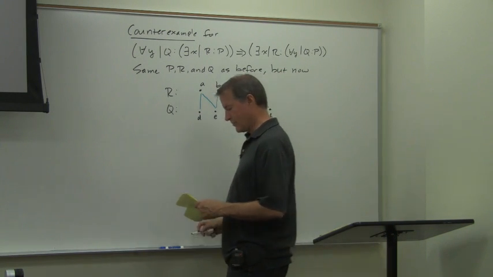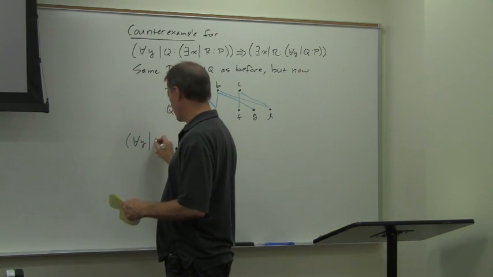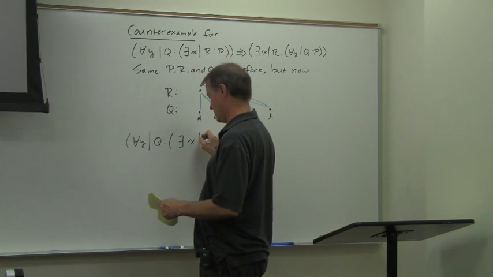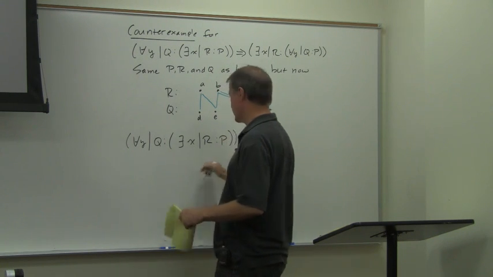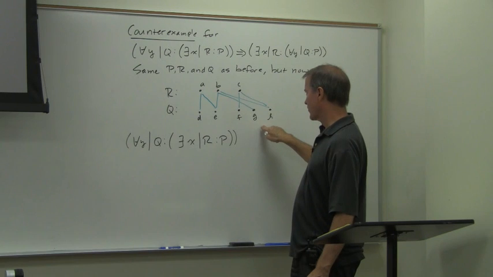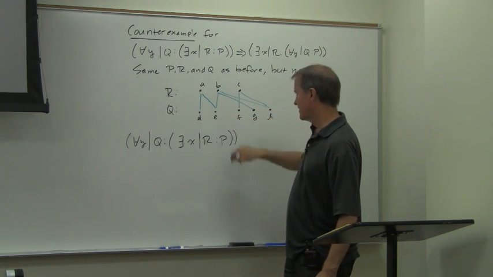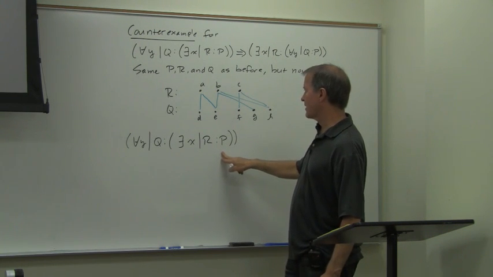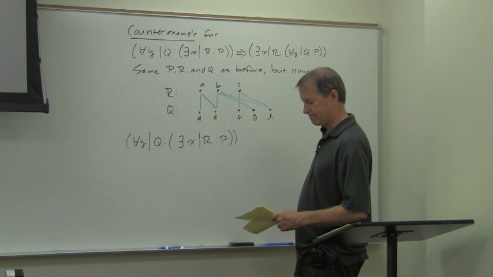So now, is this true? For all y, range Q, there exists an x, range R, body P. Is it true that for all of these people, there exists an x such that, what is P? P is loves x, y? Yes, it is true.